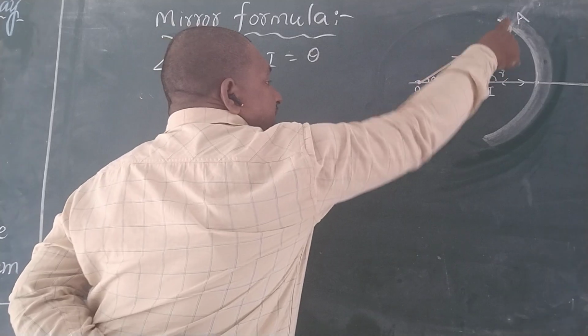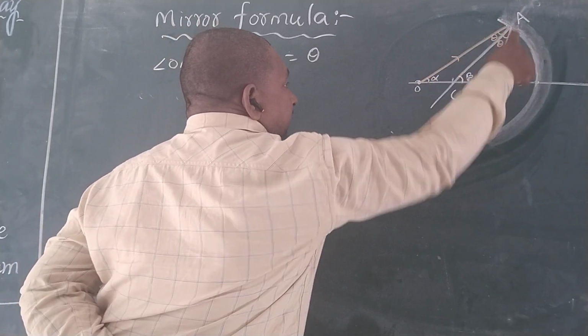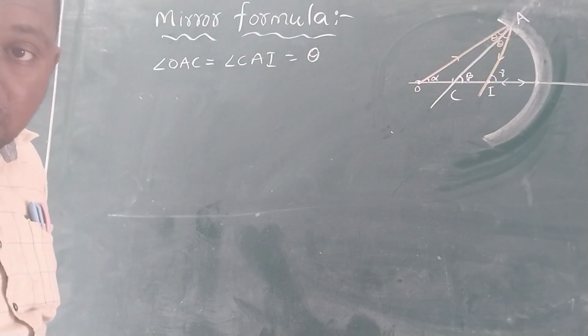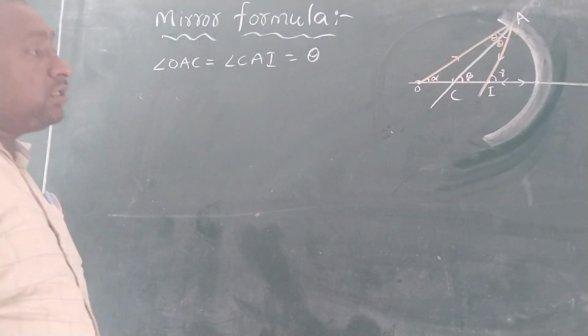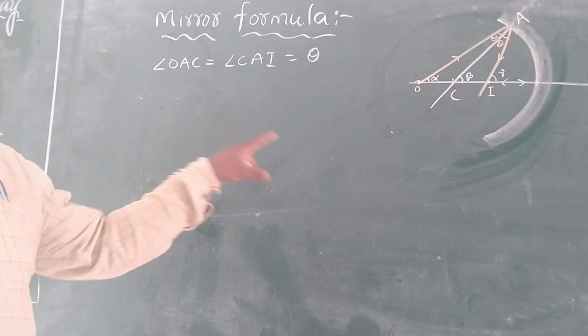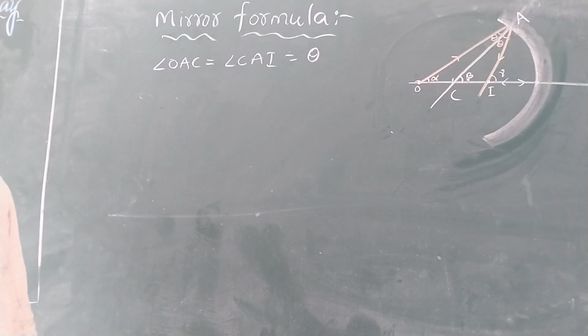Angle OAC and angle CAI, both are the same angles. Angle I is equal to angle R, the law of reflection is applied here. So both are equal. We say both are the same, and the angle is considered as theta.